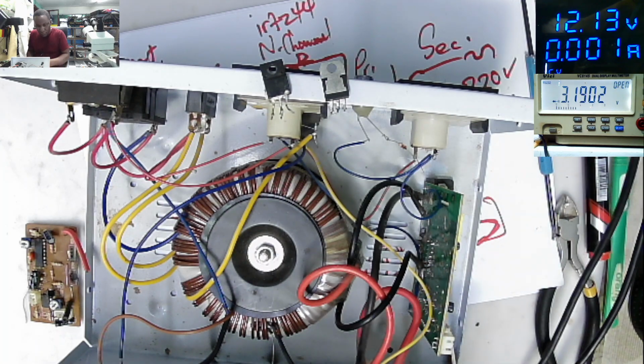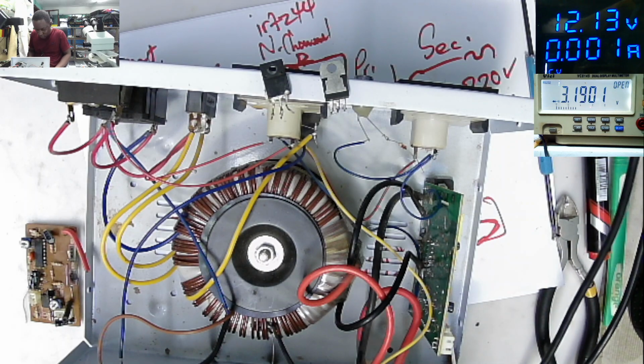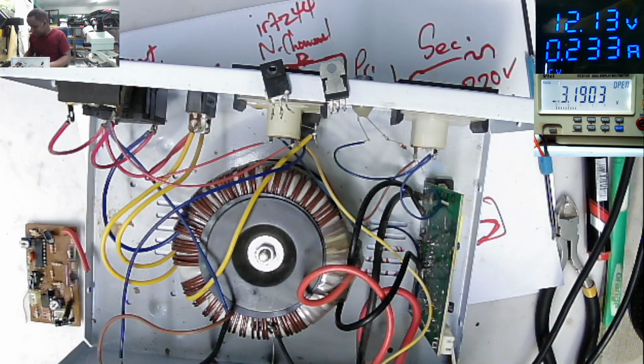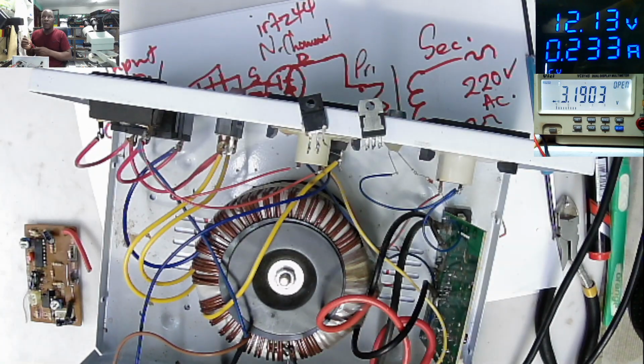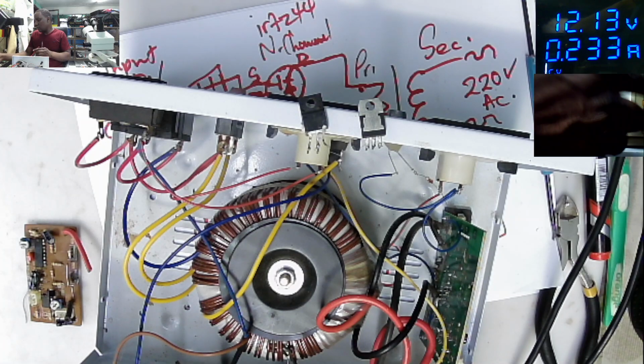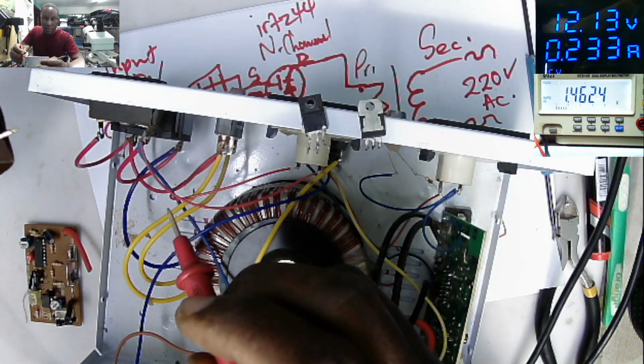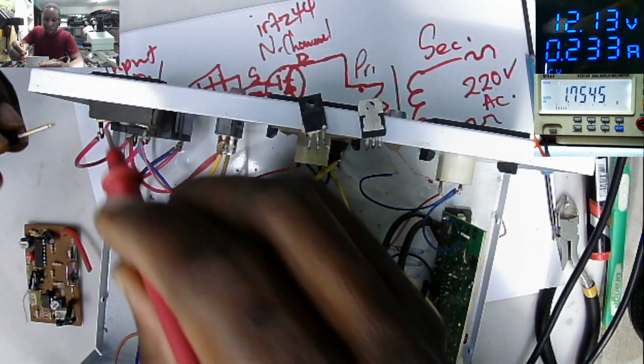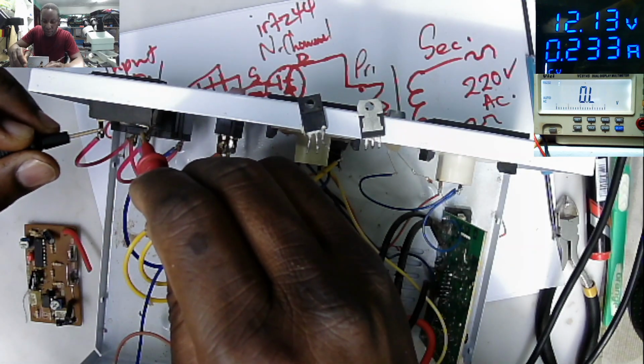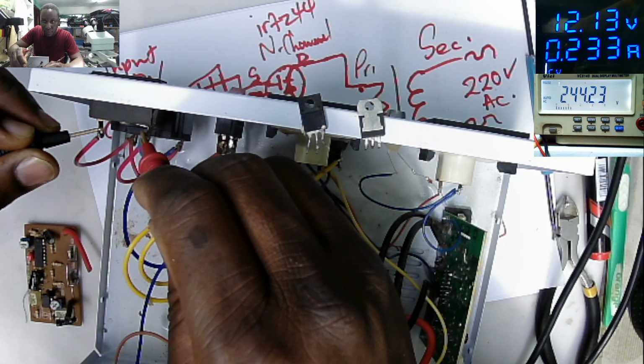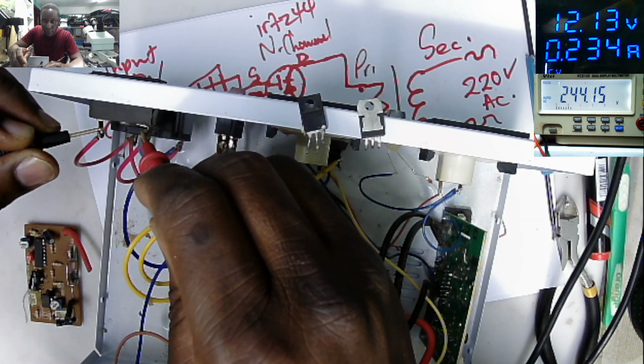What do we have? I can hear the transformer AC. Let's see what we have. 244 volts.